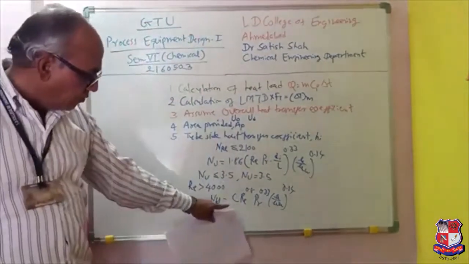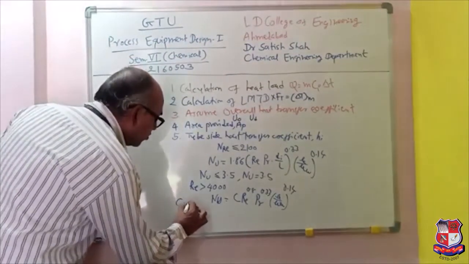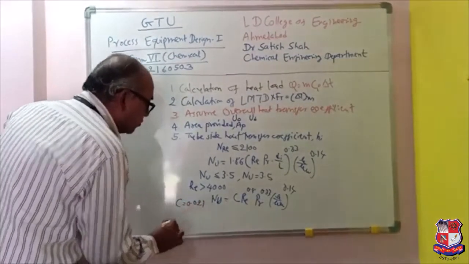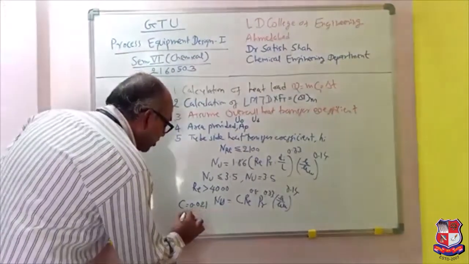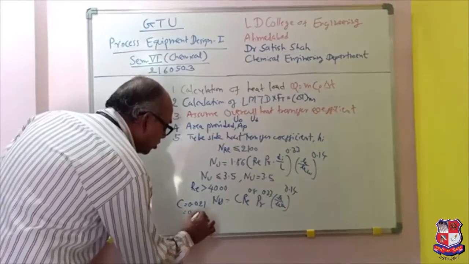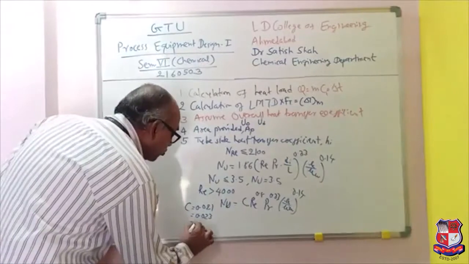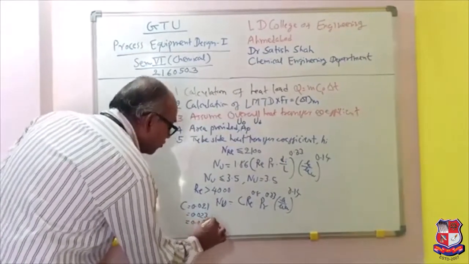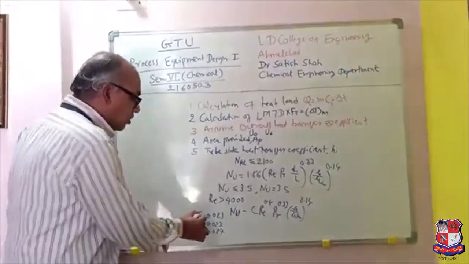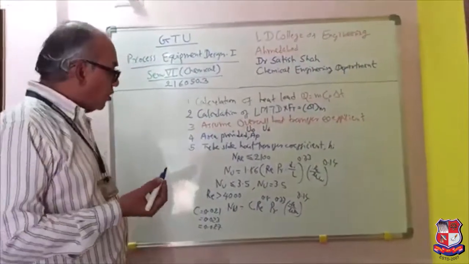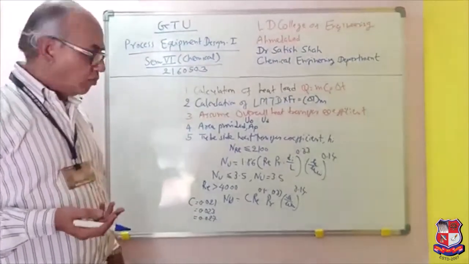Here we have the constant C. C is equal to 0.021 for gases, and 0.023 for non-viscous fluid and 0.027 for viscous fluid. So most of the time we use 0.023, because on the tube side we mostly use water, which is a non-viscous fluid.